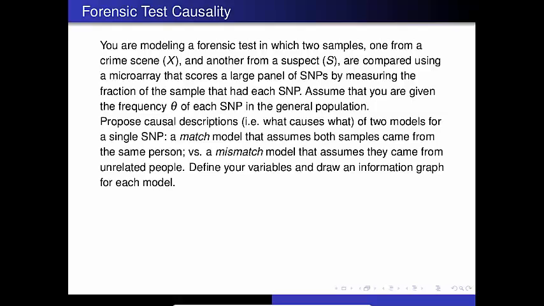So now what about in our mismatch model? If this is our match model, as we're assembling it, not necessarily done yet, but under our mismatch model, what should connect together this X and S?